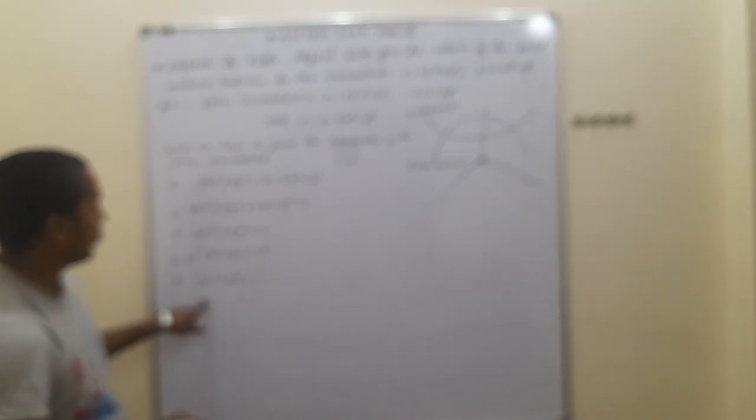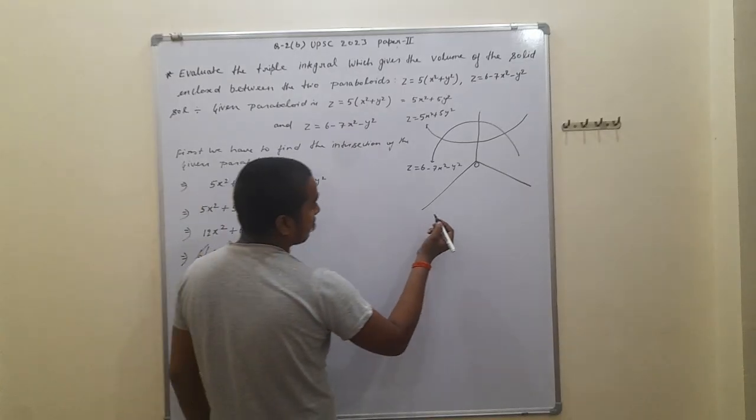Taking common 6, that is 2x square plus y square is equal to 6. From here, 6 and 6 cancel out and the remaining is 2x square plus y square is equal to 1. This is the elliptic cylinder on intersection of the given paraboloids.